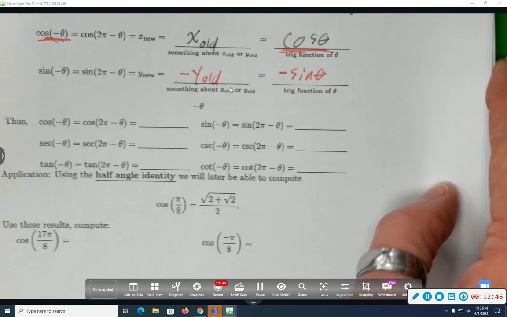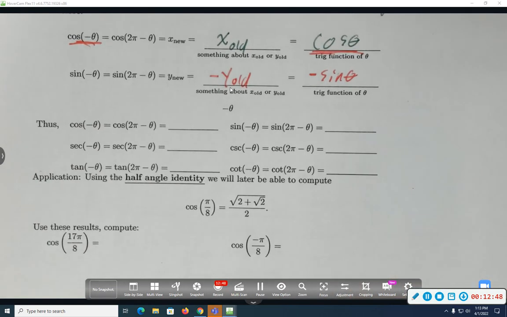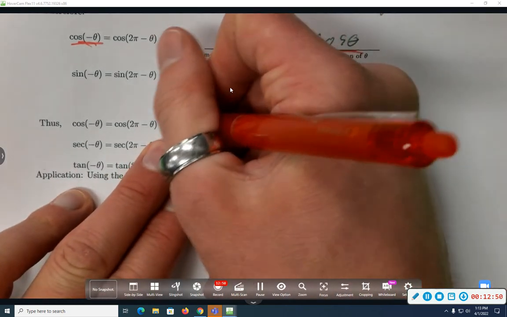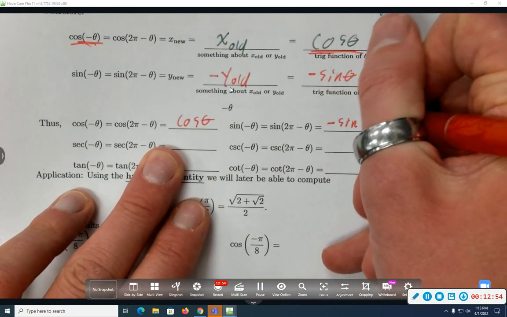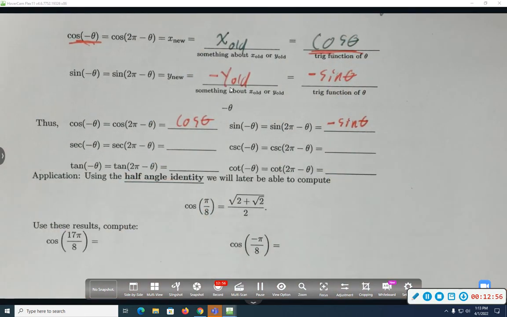All right. So cosine negative theta is the same as cosine of theta. Sine of negative theta is negative sine theta. I'll fill in the next couple lines in just a moment.